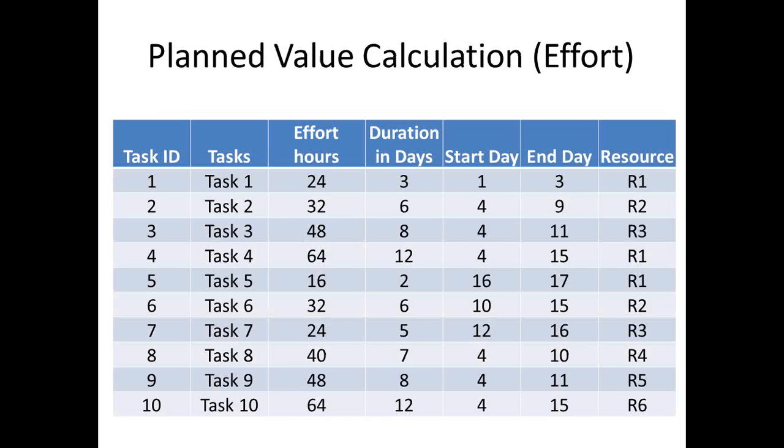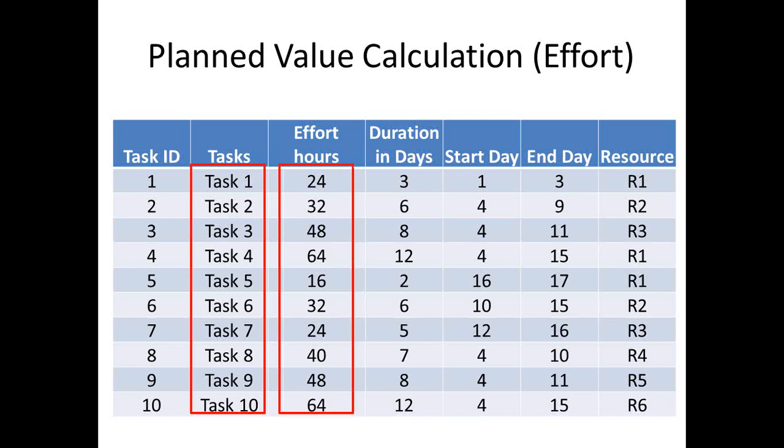So here is an example, and if you can take a look at this example, it has 10 tasks. Each task has an ID, and the tasks have been listed from task 1 to 10 in the second column. Then there's a planned effort, which means how many hours each task or activity will take. For example, you have task 1, which will take 24 hours.